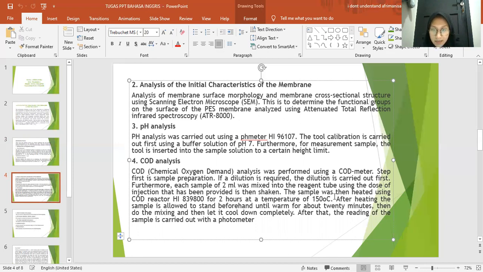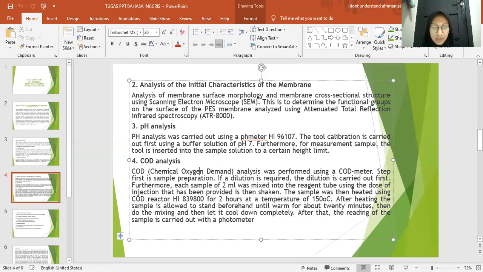The sample was then heated using a COD reactor for 2 hours at a temperature of 150 degrees Celsius.